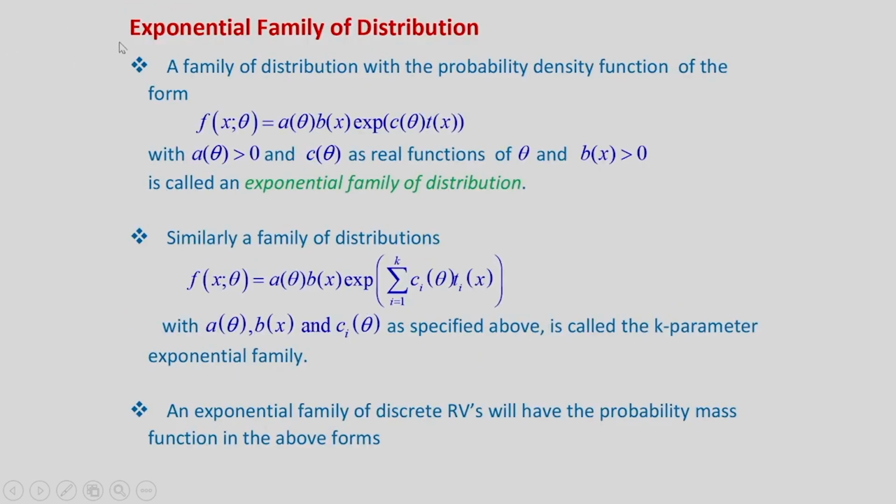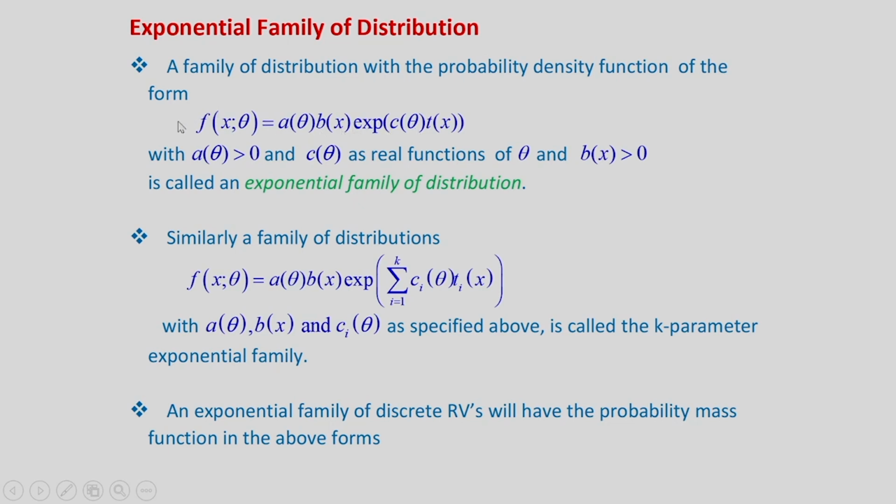We will discuss one important family of distribution for which finding out a complete sufficient statistic is easier. Such a family is the exponential family of distribution. A family of distribution with the probability density function of the form f(x, theta), that is a function of theta, can be written as a(theta) times b(x) times exponential of c(theta) into T(x).